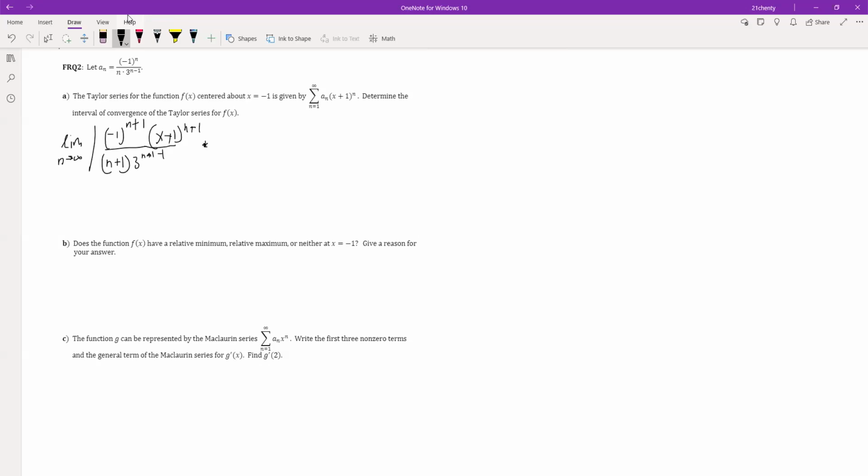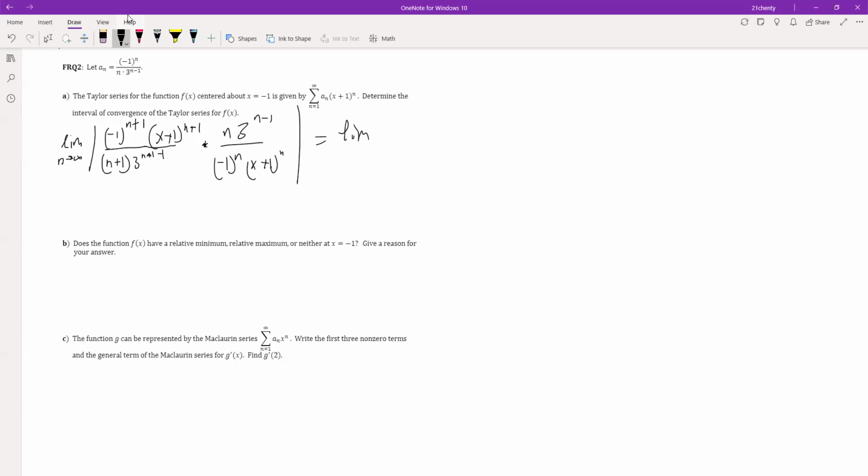And then we multiply by the reciprocal, without the n plus 1s: n times 3 to the n minus 1 over negative 1 to the n times x plus 1 to the n.